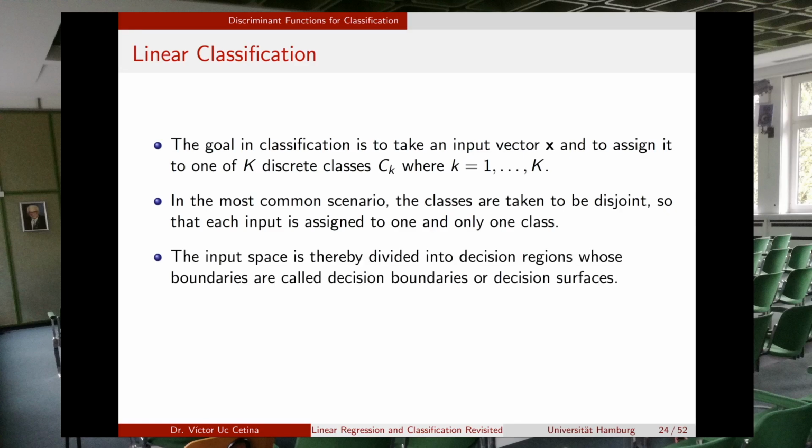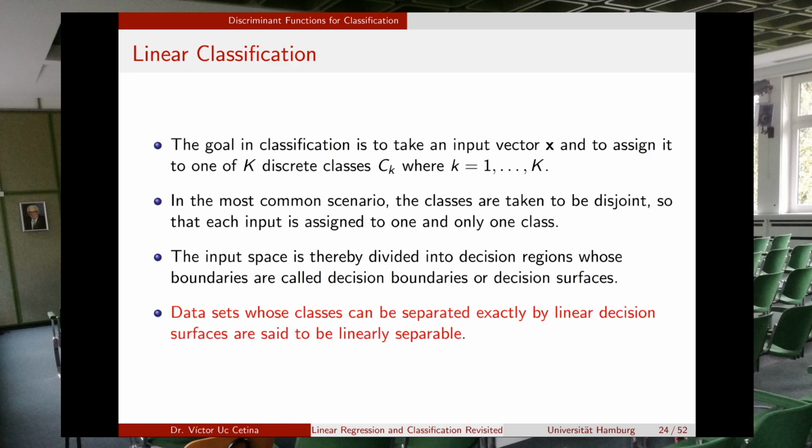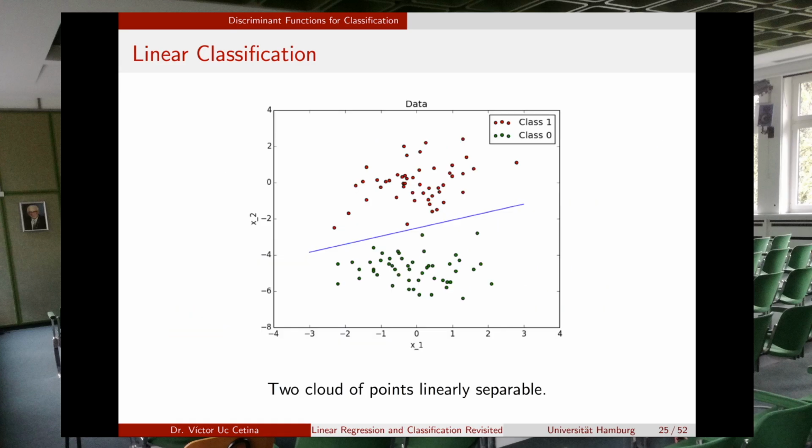Now, the input space is divided into regions, decision regions, and the boundaries between these regions are called decision boundaries or decision surfaces. Datasets whose classes can be separated exactly by a linear decision surface are called linearly separable. Like, for example, consider this problem.